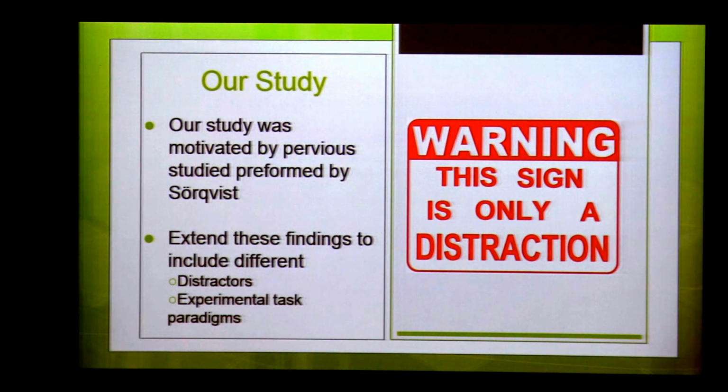They'd have to say if it was a right or a left arrow. Auditory distractions were also thrown in, and they looked at how reaction times changed. We wanted to extend these findings, but just using the auditory domain. So we used different distractors, and we wanted to further expand it into different experimental task paradigms.